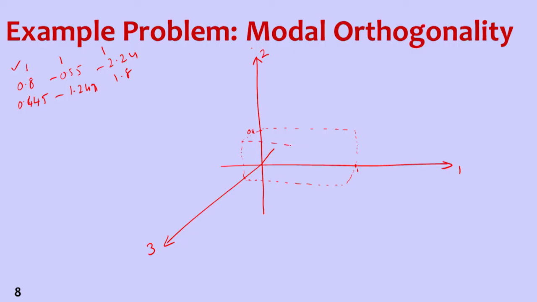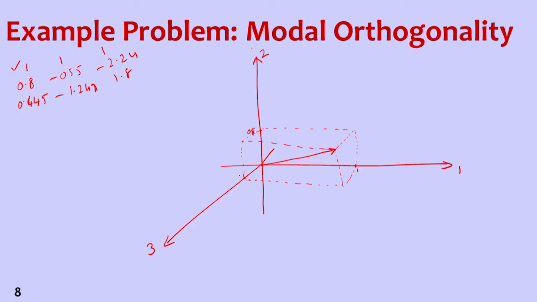This is the first mode. You can see on the x coordinate, or 1 coordinate, we went up to 1, on the second coordinate up to 0.8, and on the third coordinate up to 0.445.